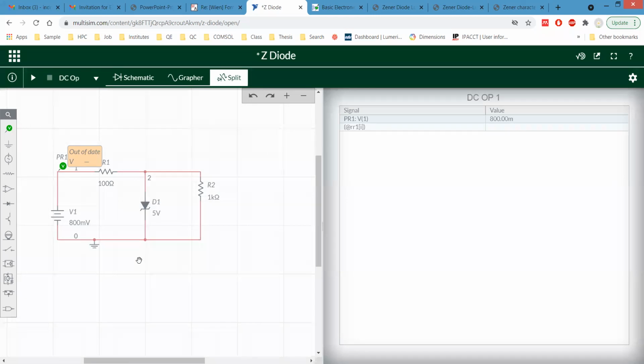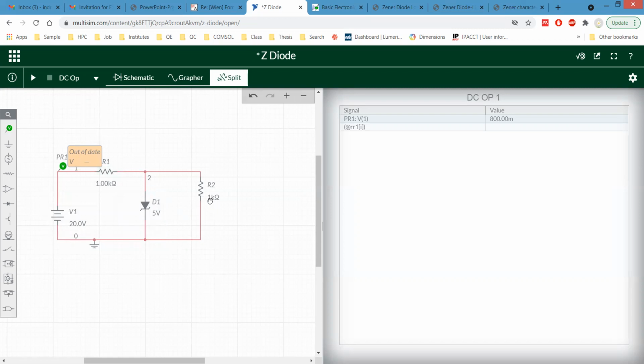Now, please tell me what should be our minimum load value RL. Let me fix the input to a voltage of 20 volt, our series resistor is 1 kilo, and the Zener voltage is 5 volt.